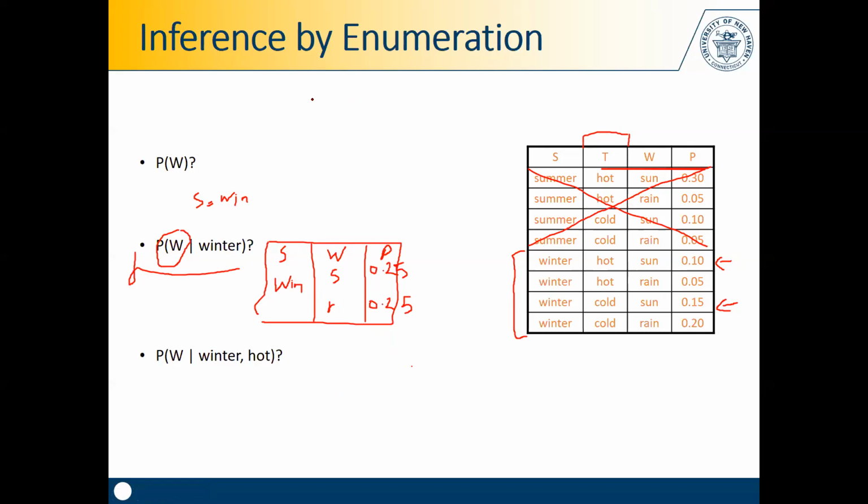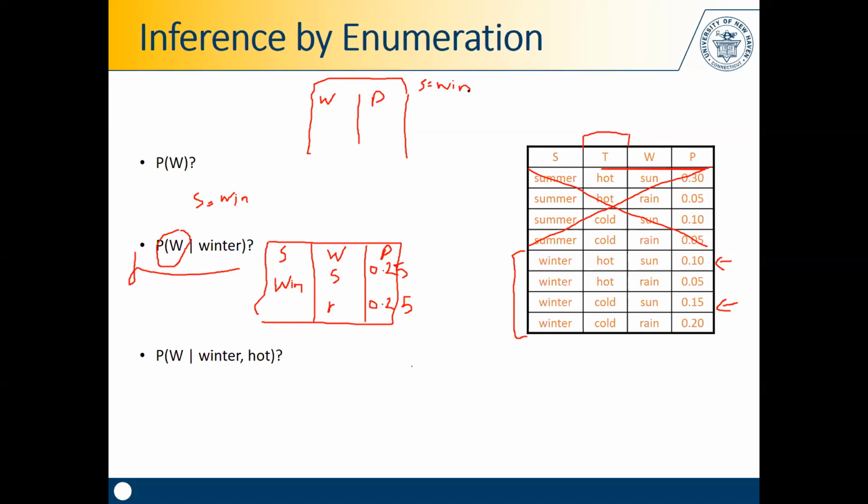Essentially what we want to find are the values to the table W probability given S equals winter.